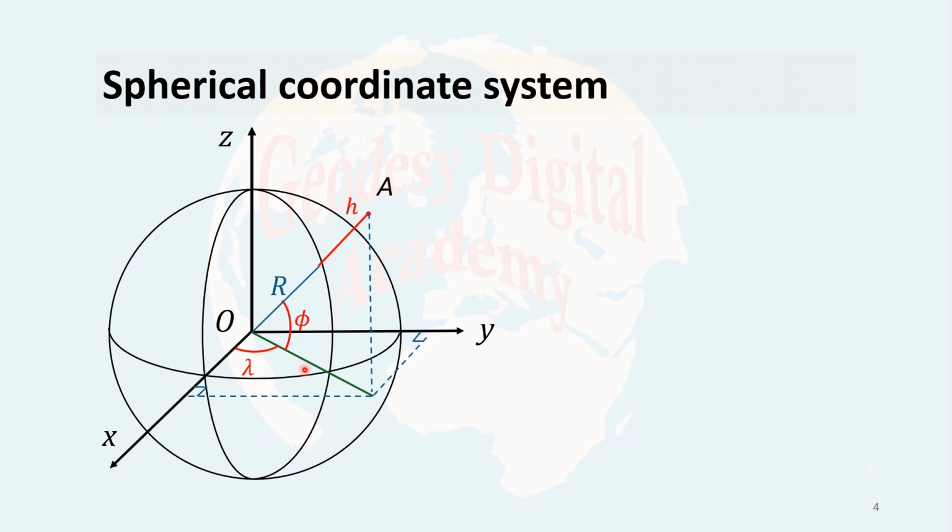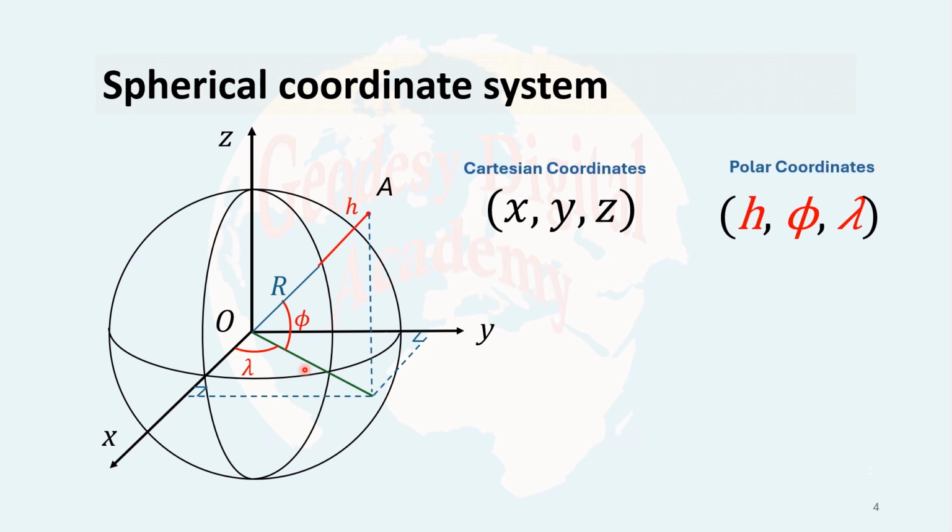So in a spherical coordinate system, the coordinates are also defined in Cartesian form and polar form. And the main point is how to convert them. Now consider that the polar coordinates are known or given, and we want to determine the Cartesian coordinates.